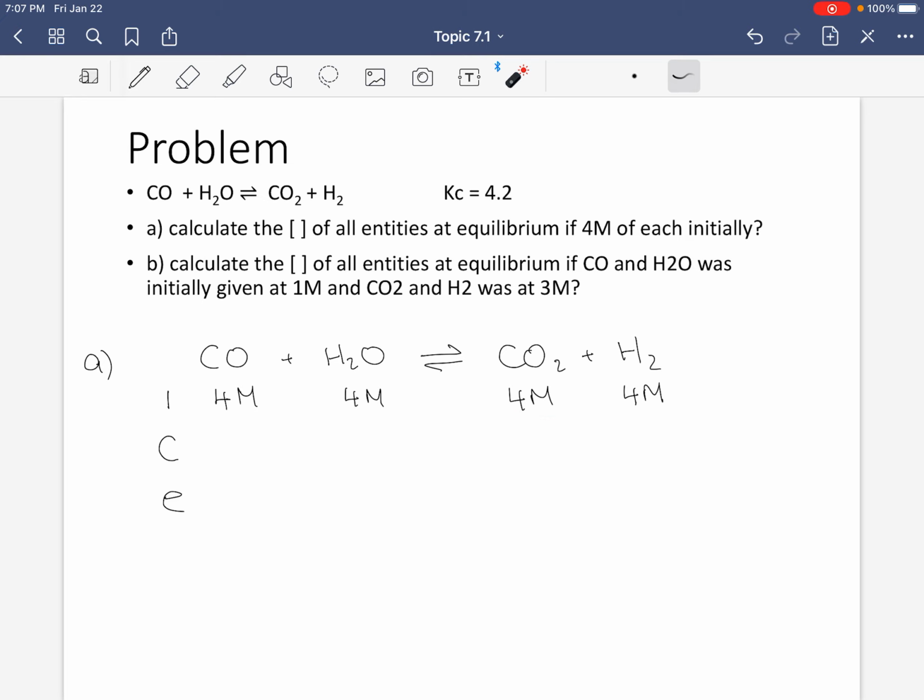But what if it's not? What if the reaction is going backwards? If it's going backwards, you're going to get less of these and more of these, so the situation is reversed from what we are used to. That will totally mess up what you will do. So which way is it? Well, the only way to know is to actually check.